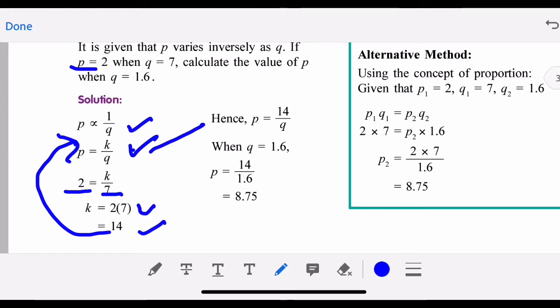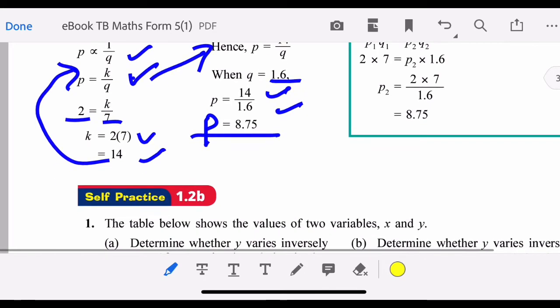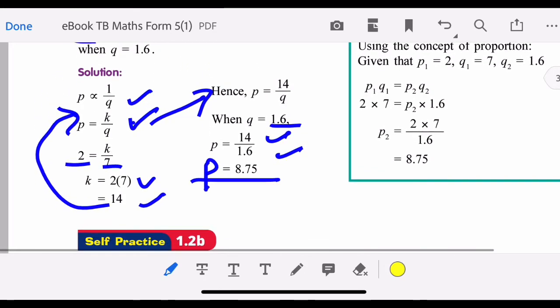Then we will have the new equation so that we can find P and Q respectively. Because Q was given as 1.6, we can substitute: P is equal to 14 over 1.6, and P is 8.75. Alright, so the way to do it is almost the same as the previous exercise.